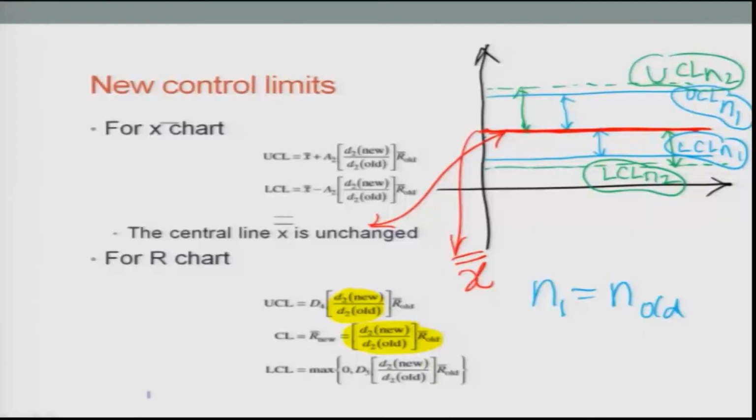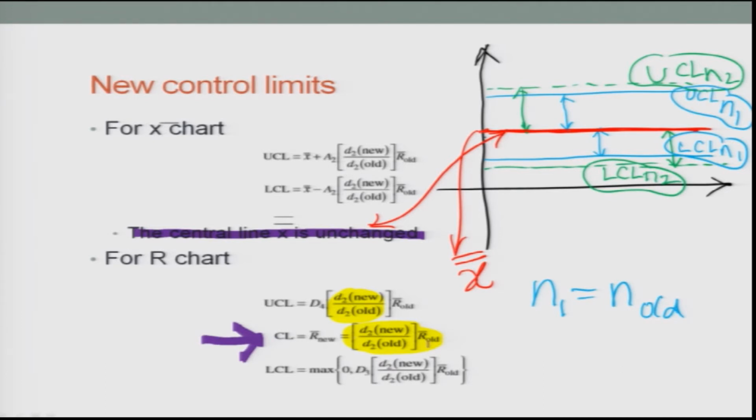One very important thing to note down is this. I will use a highlighter of a different color. Here it mentions for the X bar charts that X double bar does not change, but if you note here where I am highlighting using the violet color with an arrow, the central line for R bar new and R bar old will be different depending on the sample size differences, that is, the ratios.